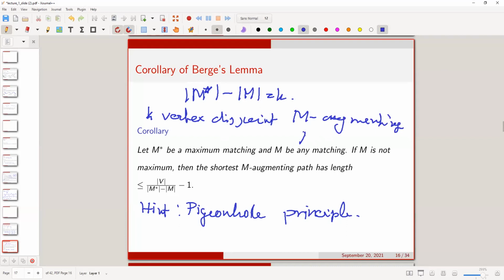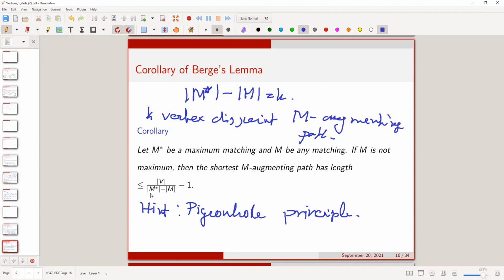Let's think. If there are k many vertex disjoint augmenting paths, what is the total number of vertices? That is |V|. Correct. So there are a total of |V| vertices, and at most |V| of them can appear across the paths because they are vertex disjoint.